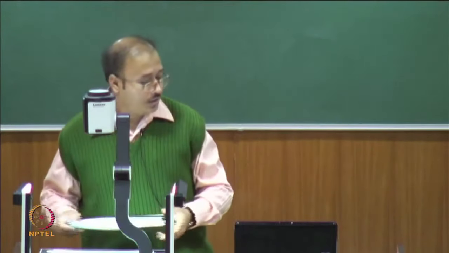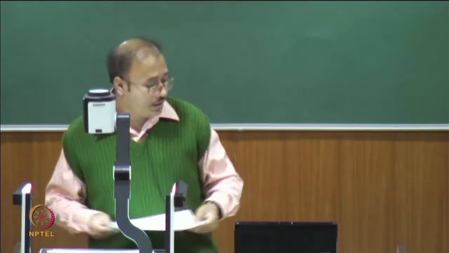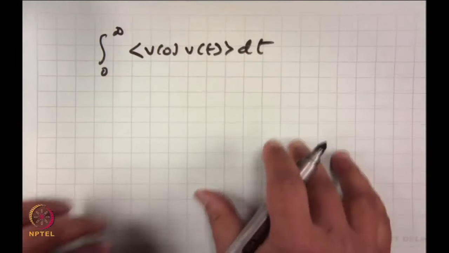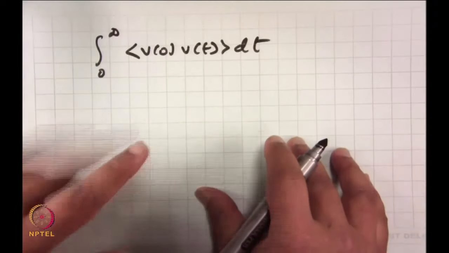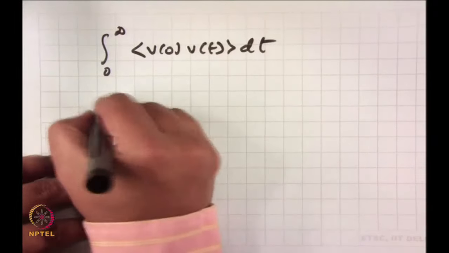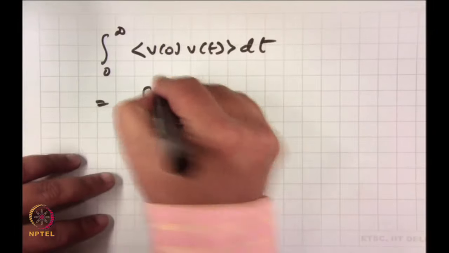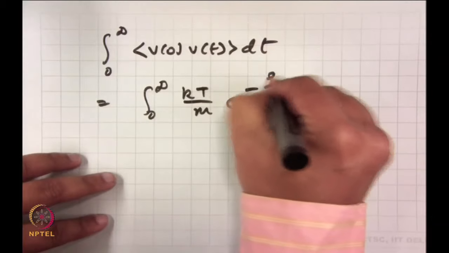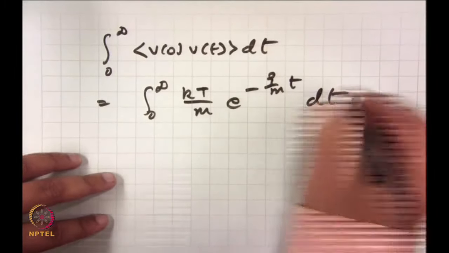Good. Now, if you do a small integral, say 0 to infinity, of v of 0, v of t, d t, what should I get? Because I know the functional form of this, I can write 0 to infinity k T over m e to the power minus xi by m t d t.